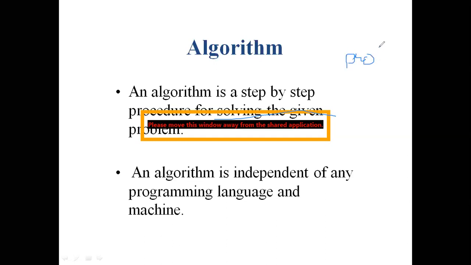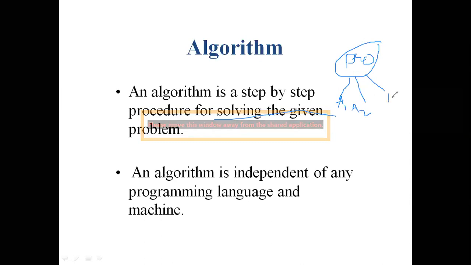For this problem, we can write different types of algorithms: algorithm 1, algorithm 2, algorithm 3, and so on up to algorithm n. For one problem, we write different algorithms, A1 to An.